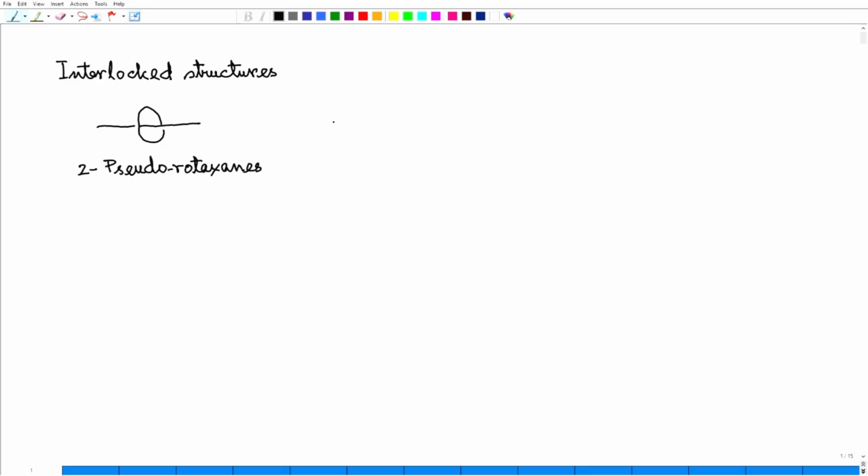Then if this is pseudo, what is the actual rotaxane? This is the structure of rotaxane.